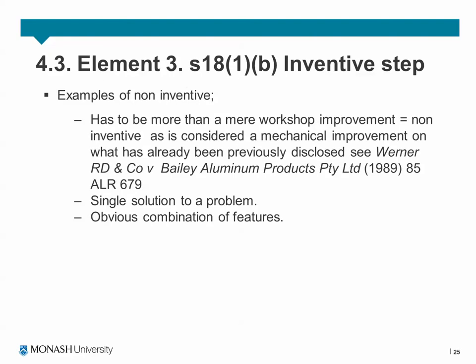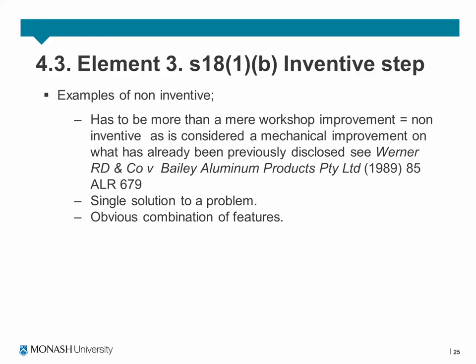Now, examples of non-inventive. It's non-inventive, it's a mere workshop improvement. A workshop improvement, you can obtain an innovation patent, but you will not obtain a standard patent. If there is a single solution to the problem, this is the lawyer's description of what would not be inventive.